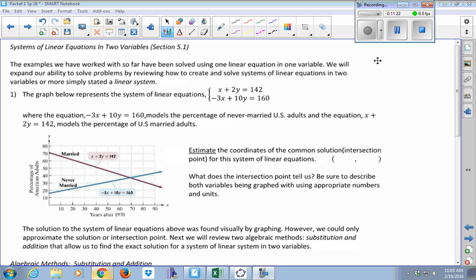Okay. So the graph below has two lines, so you expect to see two different equations, which we see right here. So this graph can be represented algebraically by this linear system. Notice we use just one little curly bracket here, just to have you see those together as a system.